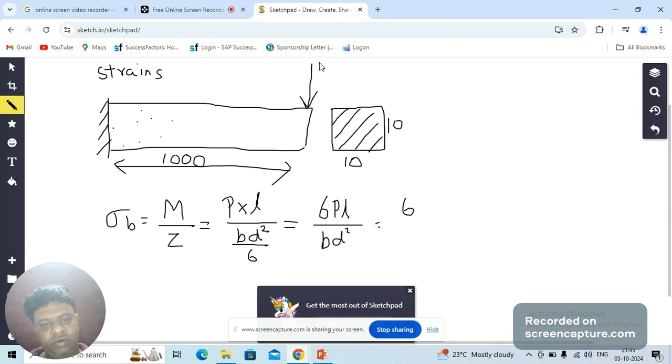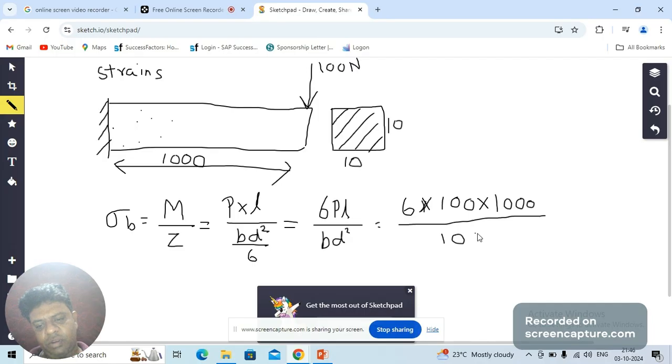Now here the load is 100 newtons. So, 6 into 100 into length, which is 1000, divided by 10 into 10 square. 10 into 10 is 100, so I can directly cancel this and this.